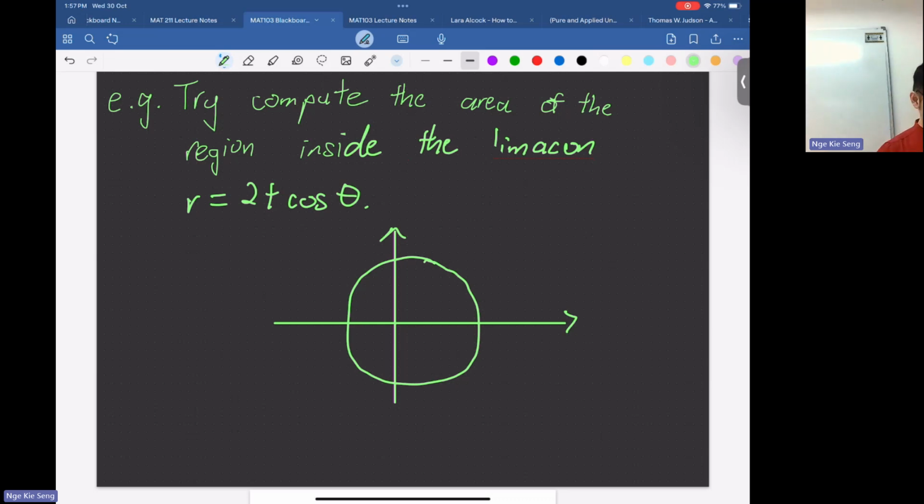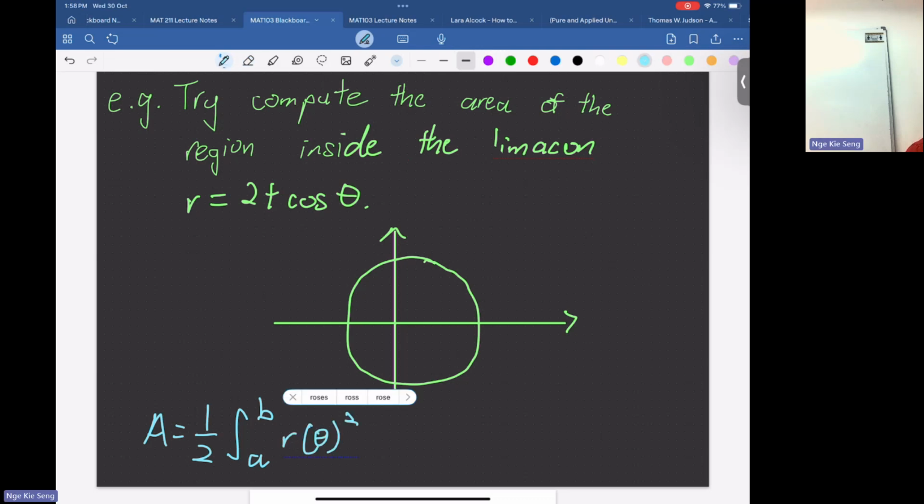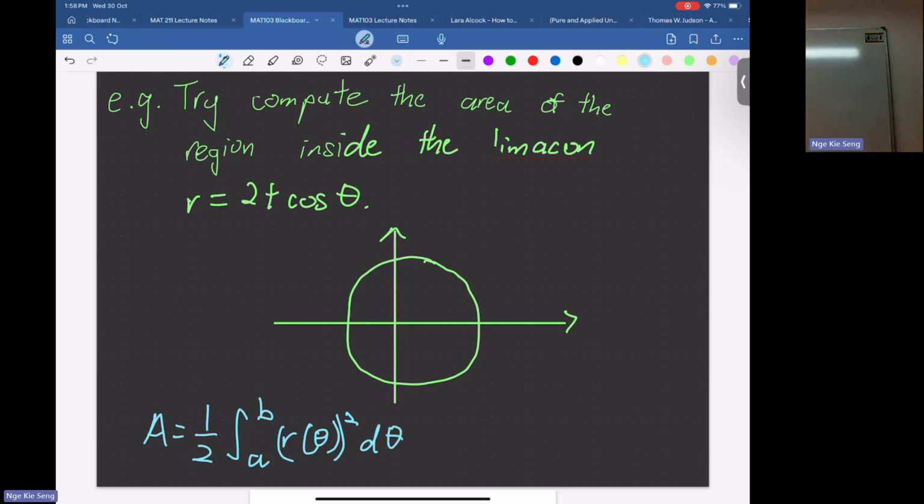So if you want to compute everything inside, what do you need to do? You need to decide your integration domain first. So, let's put out the formula: one half integral from a to b of r squared d theta. Very important point: this must be squared, r squared.